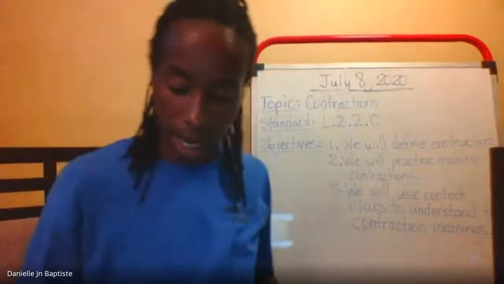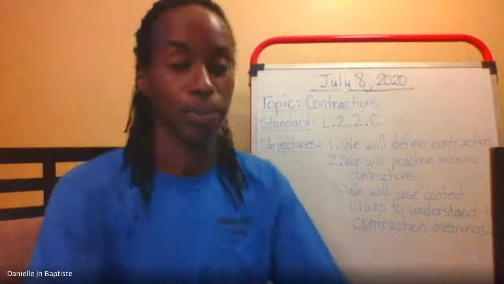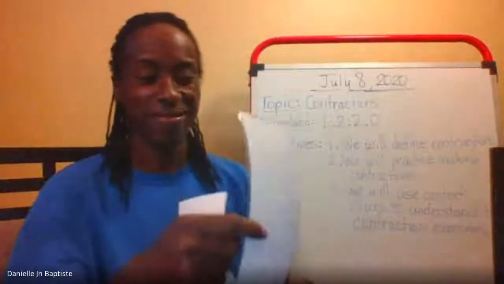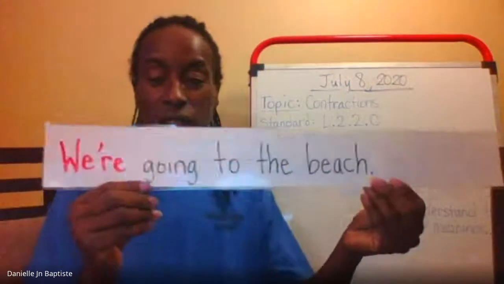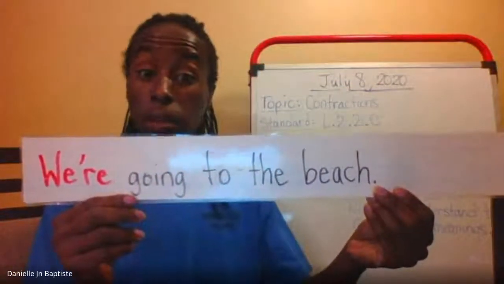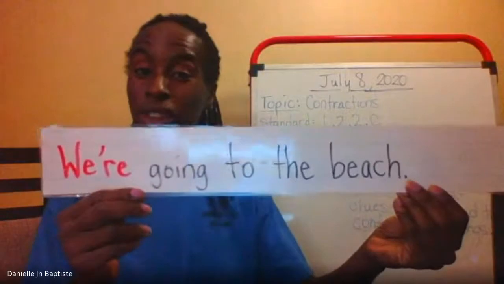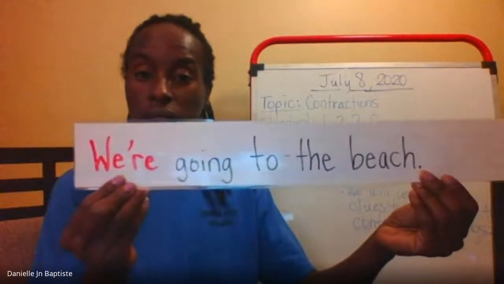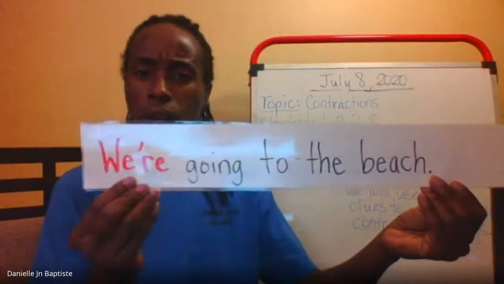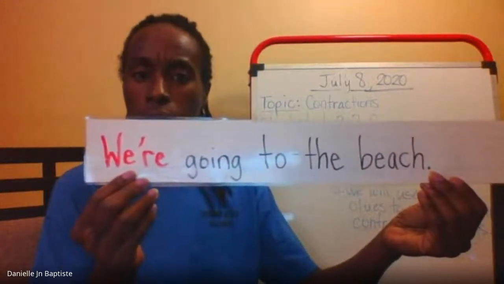All right, let me grab the other sentences. And you know what might be a good idea? To put it in my lap right next to me. Here's the next sentence. We're going to the beach. Here in red is the contraction. What does we're mean? We're going to the beach.